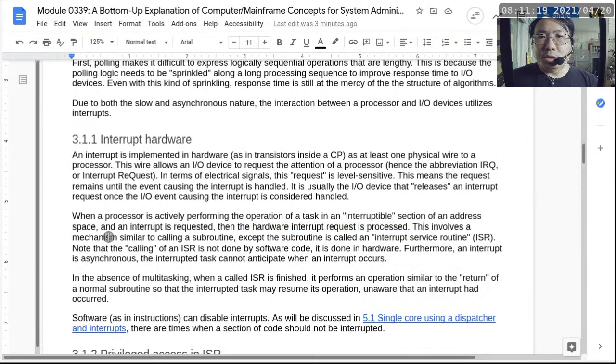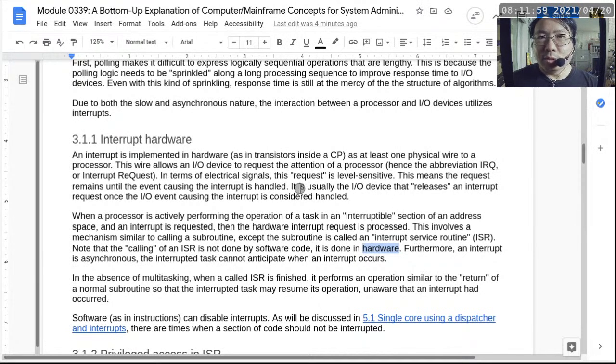The servicing of an interrupt uses a mechanism that is almost the same as calling a subroutine, except you're not calling it from inside any program. The subroutine is called an interrupt service routine instead, and usually we just refer to it as the ISR. The ISR is called, quote unquote, by hardware. So you're not going to find any instruction doing the actual call, because it is triggered by the interrupt line of the processor chip being held low.